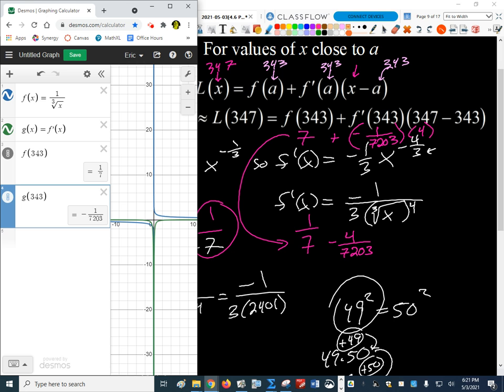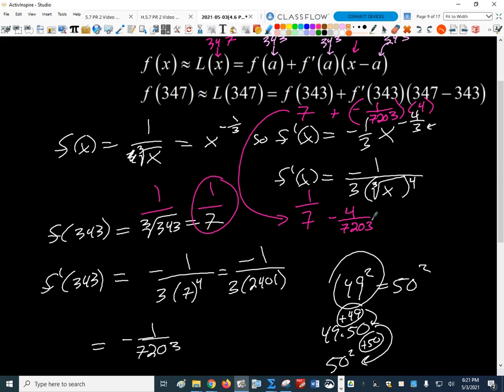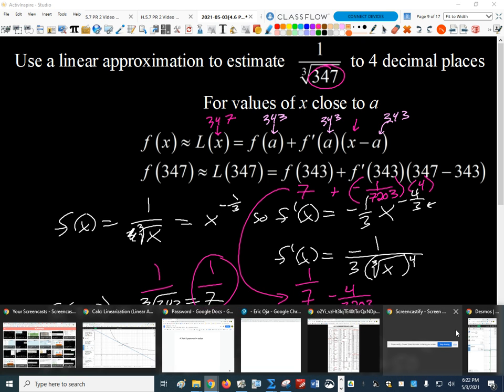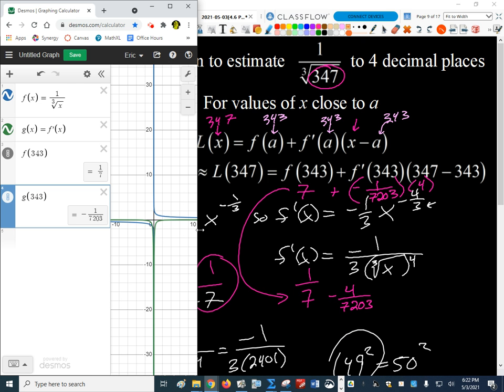And then we multiplied that by 4 because we've got to multiply by x minus a. So that gives us our approximation. We have to turn that into a decimal, which is kind of tough to do in your head, so this ends up being a pretty tough mental exercise at that point.